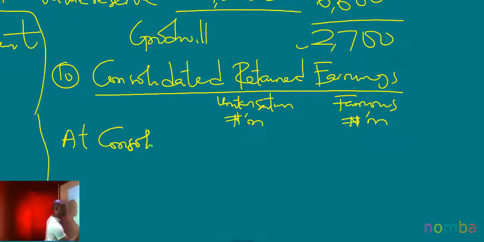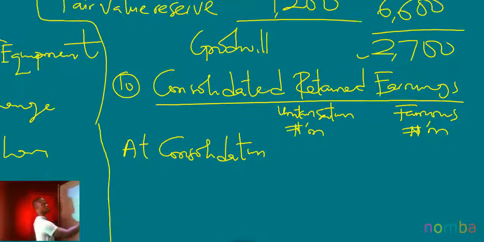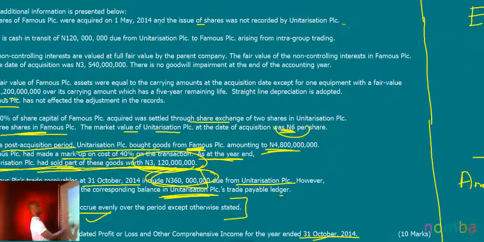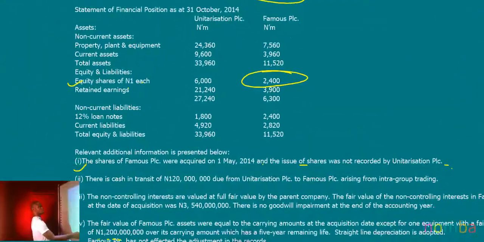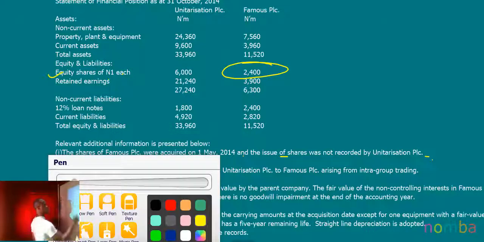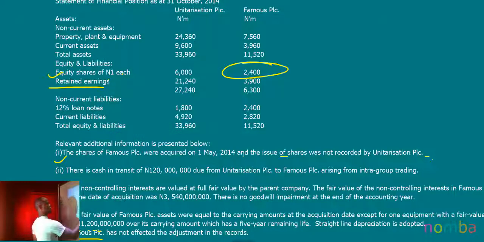You will get that from the statement of financial position. The retained earnings of Unitarization was 21,240.